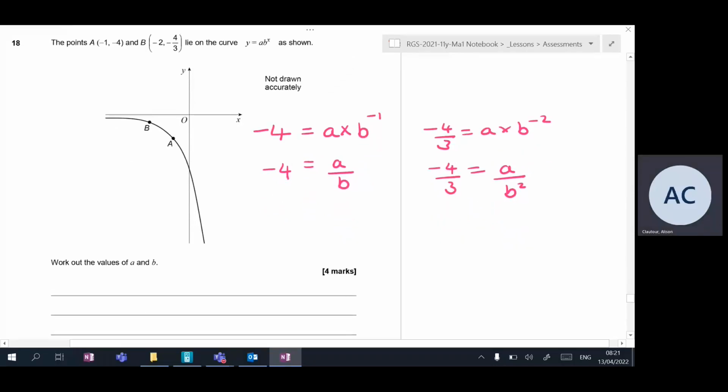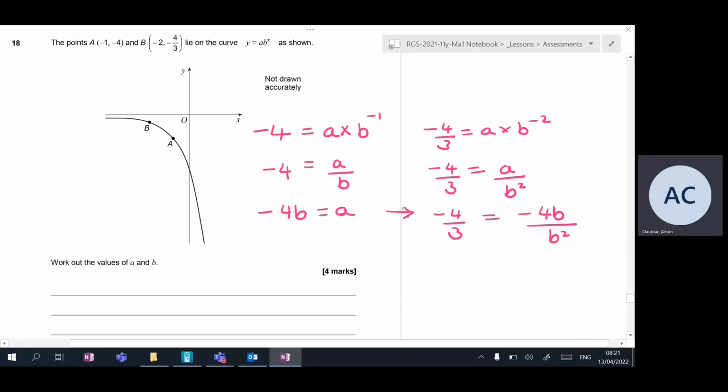Okay, so you have simultaneous equations. You want to sub one into the other one. So I'm going to rearrange this one, so it's a is minus 4b. I can then sub that in to here. Okay, so I'm going to replace the a with minus 4b.